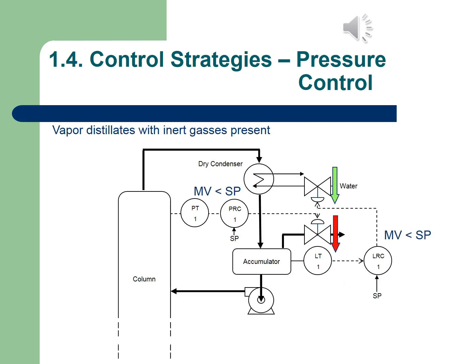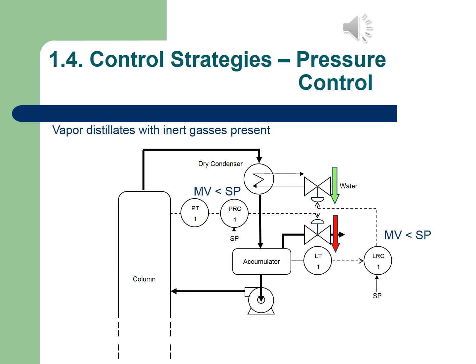Okay, another method to actually get rid of the inert gases. Again, so that's not going to easily turn from vapor into a distillate, say for instance, that we want. So if there's a buildup of these gases inside a column, what's going to happen? The pressure is going to increase. So we monitor the pressure on PRC1, and then by monitoring that, what can we do?